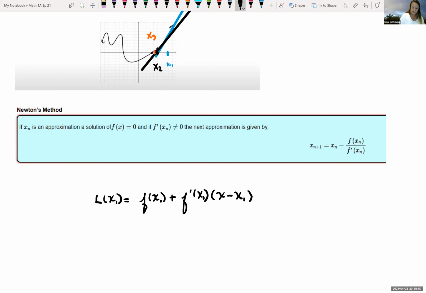This is approximately what our f of x value is. F of x is what we're trying to find when this is equal to 0.